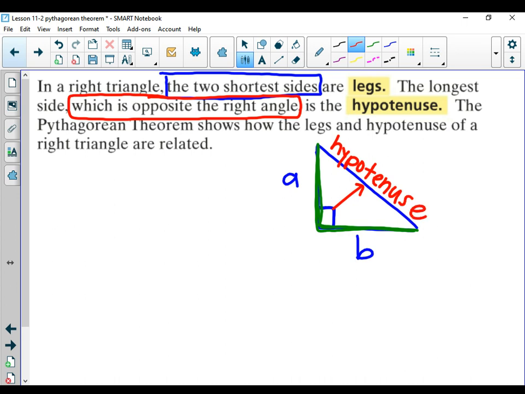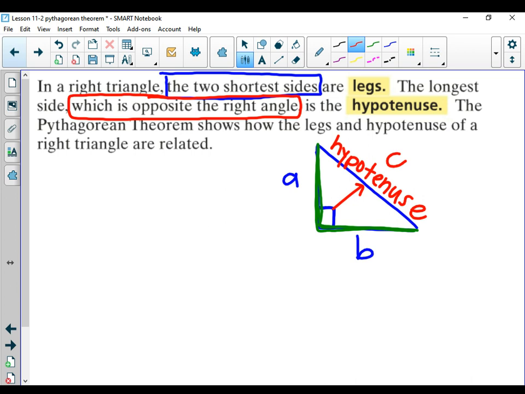Should we write down that it's basically just C across from the right angle? C is the hypotenuse. It's always across from the right angle. And actually, it's always the longest one, because if A and B are always the shortest, then C has to be the longest.